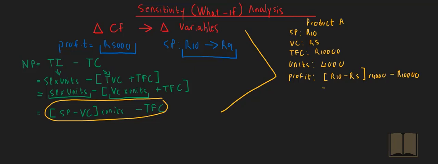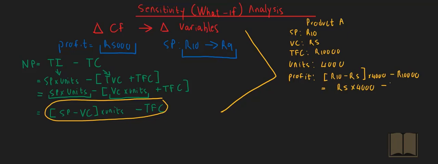So therefore, a marginal income of 5 Rand, marginal income is basically the per unit variable profit, multiplied by the total number of units sold will give us the total contribution.